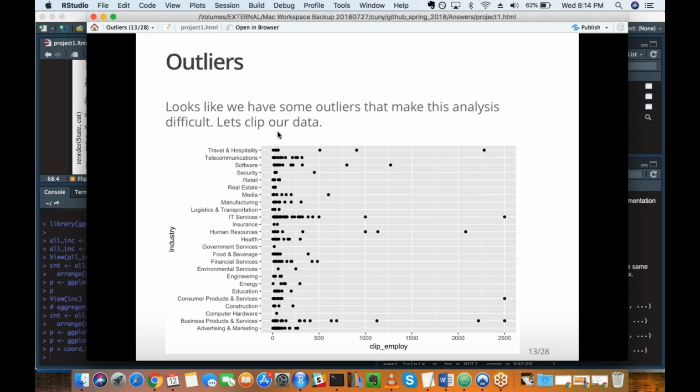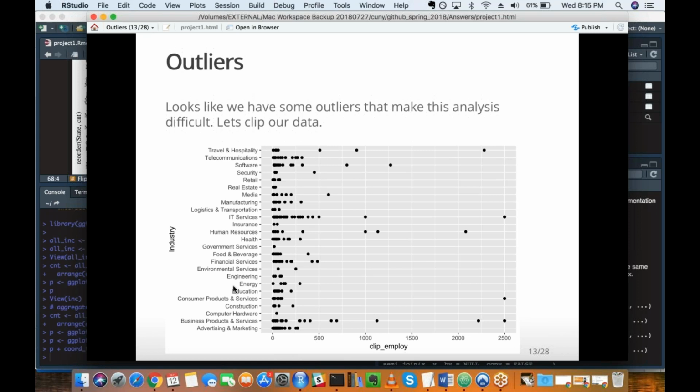While it does give us that, one could make the argument that there is still an outlier issue. We have this cluster of companies here with large numbers of employees, and while we have more information about this distribution than we had before, one could argue that we may want to see more information about what's happening here.